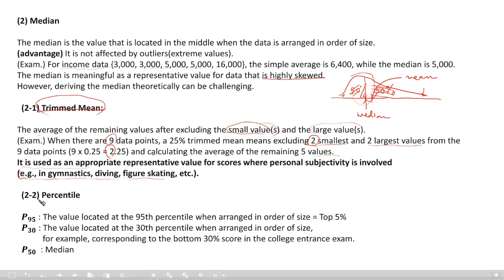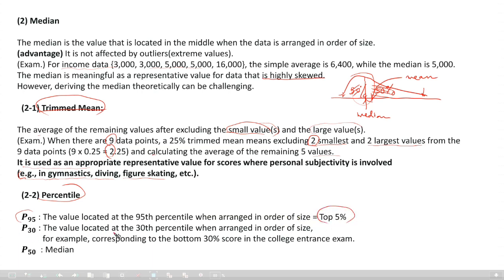Next one is percentile. The 95th percentile, we denote P95, is the value located at the 95th percentile when the data is arranged in order of size, magnitude. In other words, the top 5%.